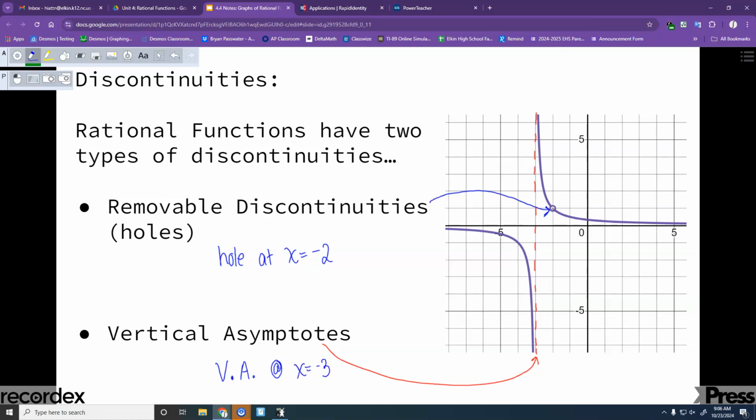Now, these are called discontinuities of the graph, because if you were tracing this graph with your pencil, you have to pick up your pencil. The graph is not connected from here jumping up to here, right? So a discontinuity means it's not continuous. It's anywhere you'd have to pick up your pencil. If you were tracing here, you would technically have to pick up your pencil, jump over that hole, and keep going, right?